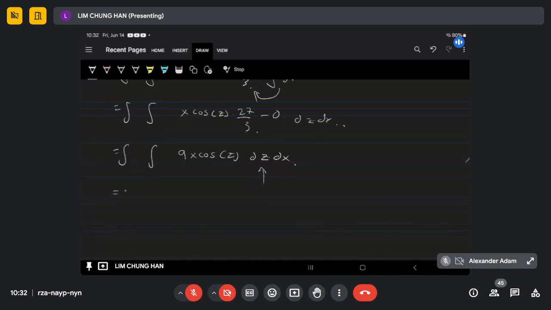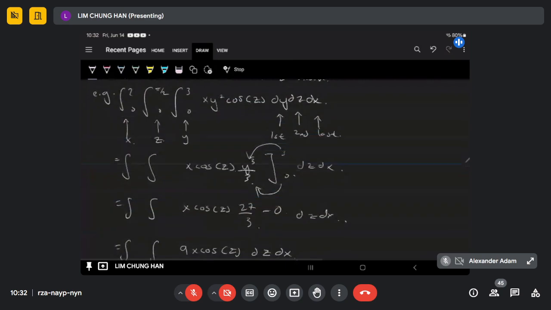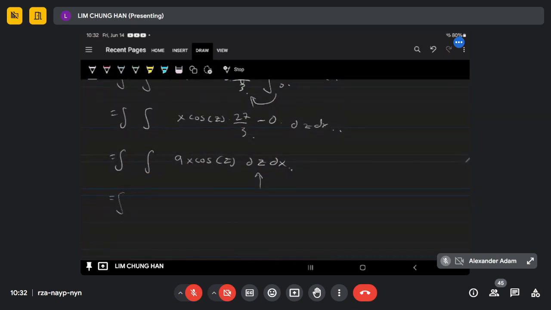Next, we integrate z. What is the z limit? Pi over 2 and 0. So we integrate against dz, and 9x becomes a constant. We just integrate cos z.